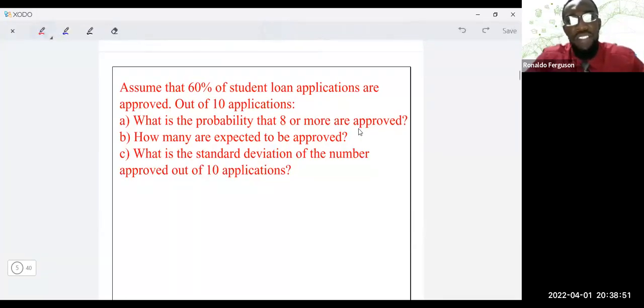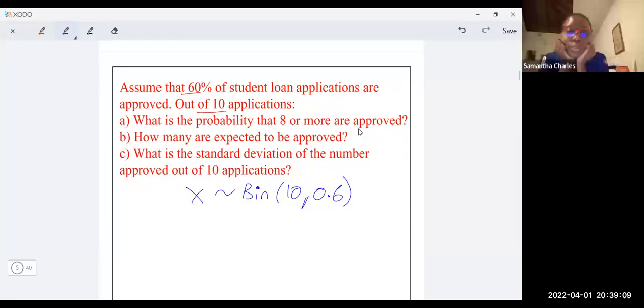So X follows a binomial distribution with N equal to 10 and P, the success, equal to 0.6.